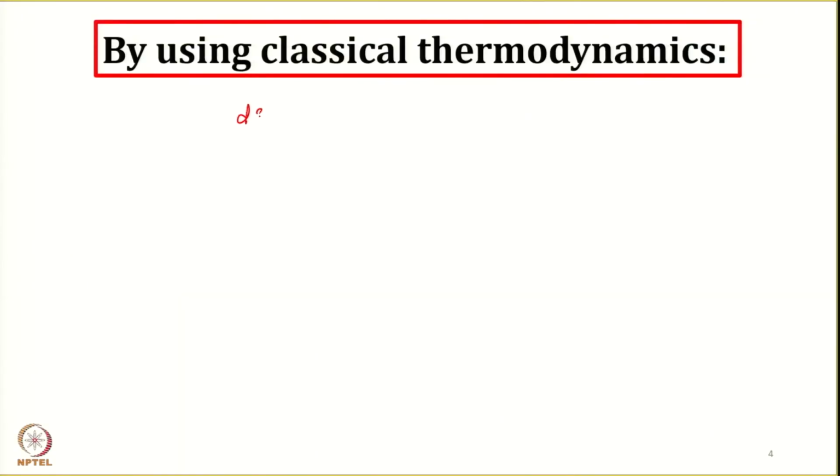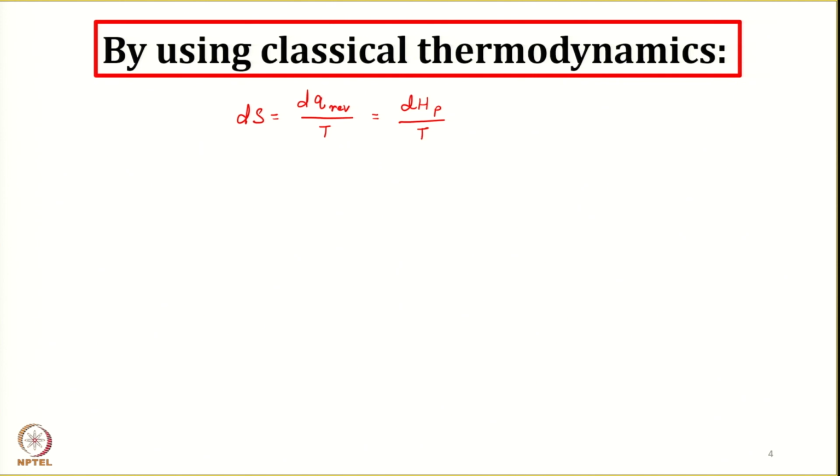Again we go to the same expression, dS is equal to dq reversible by T, which is equal to dH at constant pressure divided by temperature, because we will derive the expression for constant pressure conditions.